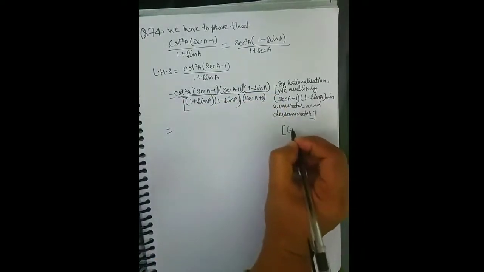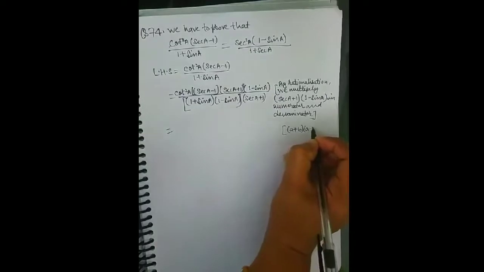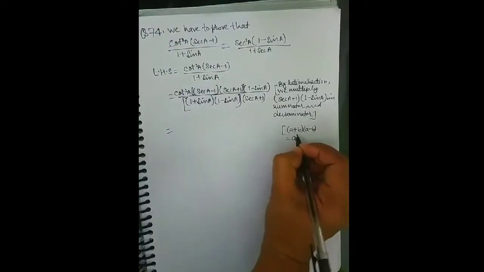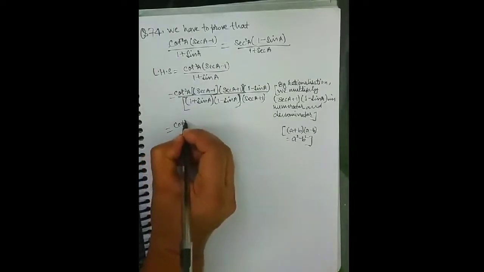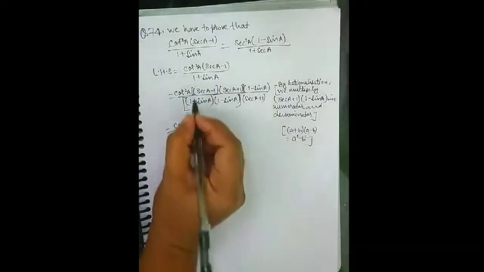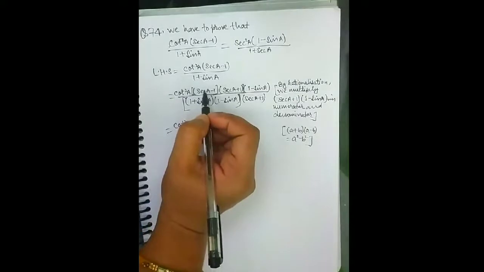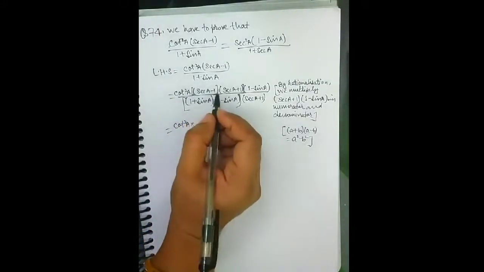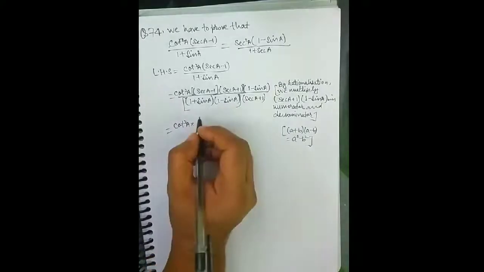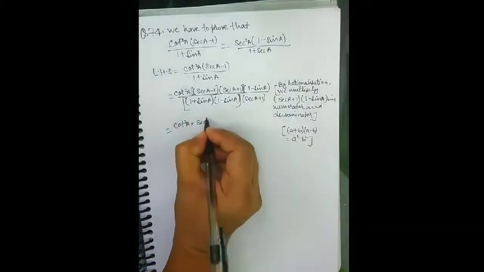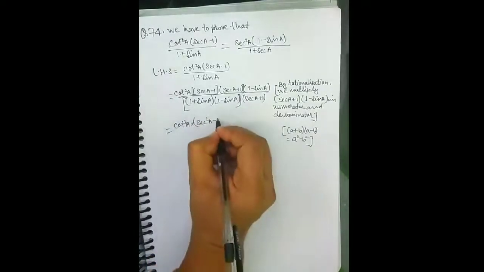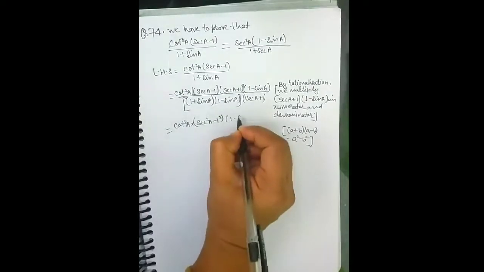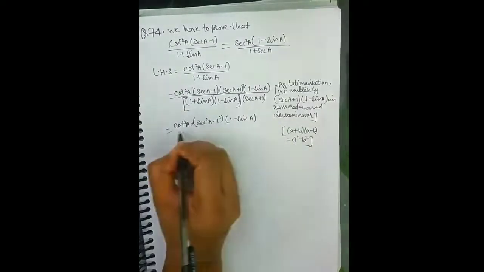Here we will use the formula (a plus b) into (a minus b) equal to a square minus b square. In the numerator, a is sec a and b is 1, so we can write (sec a minus 1) into (sec a plus 1), that is sec square a minus 1 square, into 1 minus sin a.